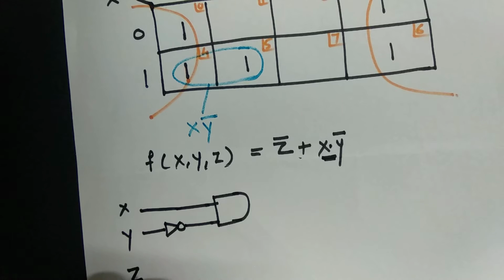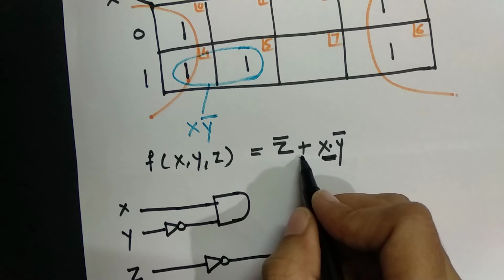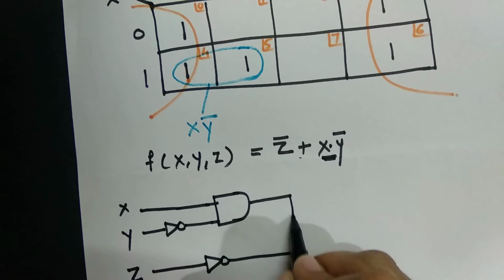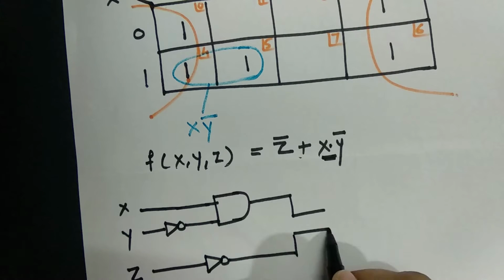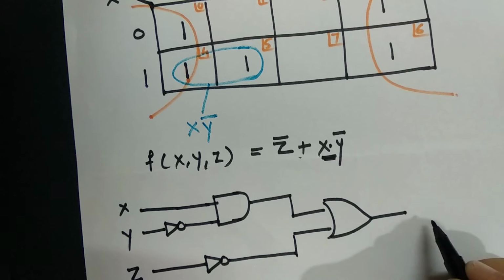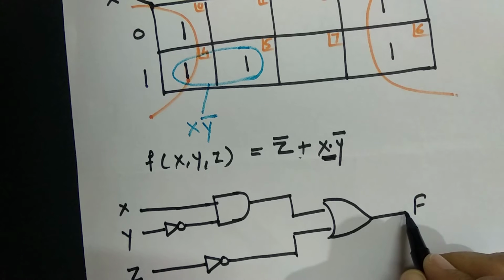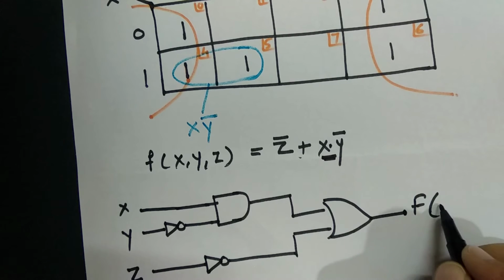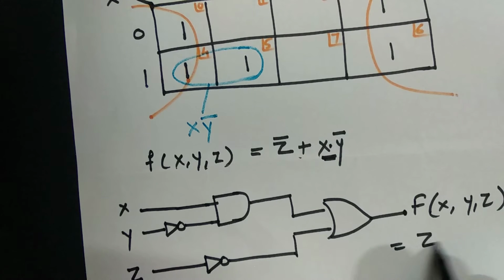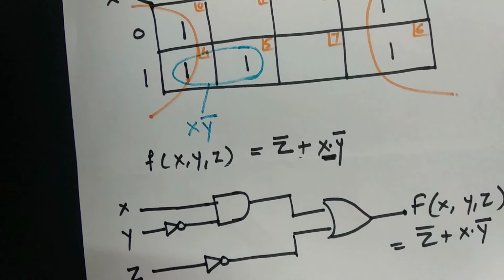So this is z and it has only the bar term, so this will be z bar, which is ORed over here. So this final output is ORed over here, and we get the final output, that is f of x, y, z equals z bar plus x dot y bar.